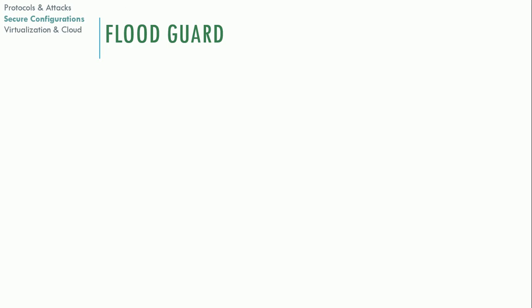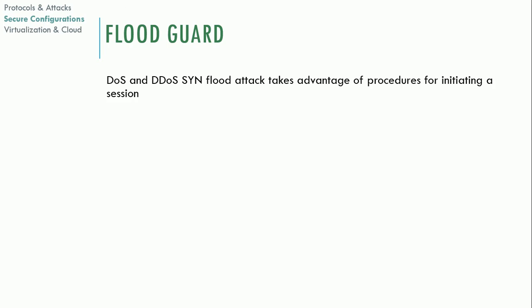One of the things that routers can do for us is flood guard. This can help with denial of service and distributed denial of service attacks. A SYN flood attack is basically where we're trying to initiate many sessions with a device so that it attempts to open up connections to another device, or many devices, I should say. So we'll open up connections to many devices, but have the return address going to a single node in order to flood that system.